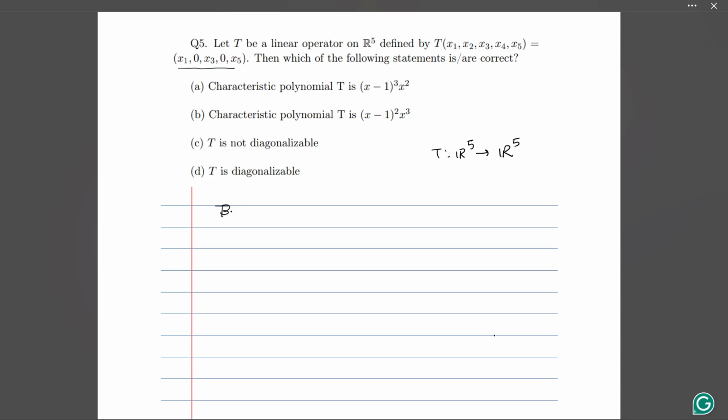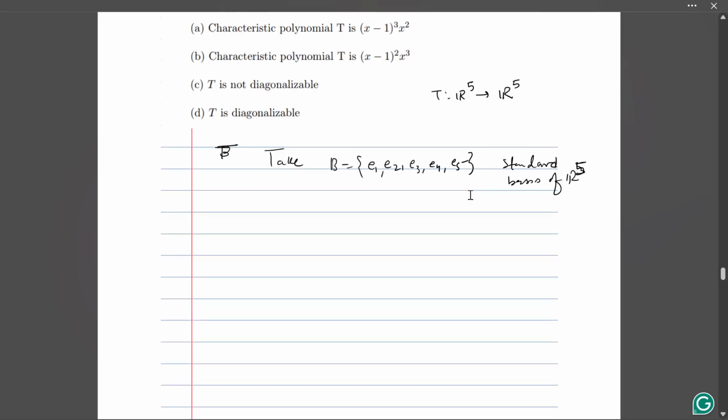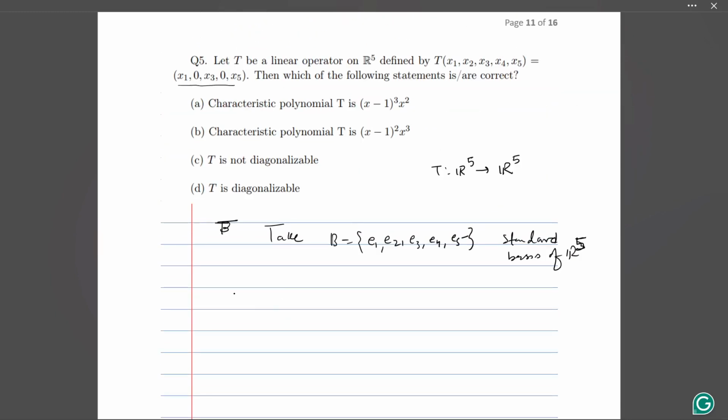If you take B equal to E1, E2, E3, E4, E5, the standard basis of R5, then what is the matrix representation of the operator with respect to this?